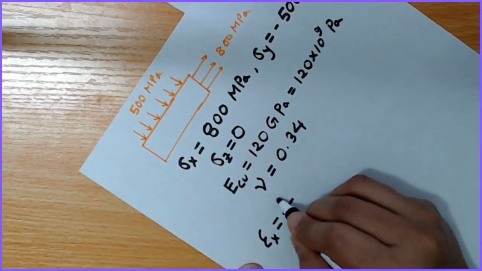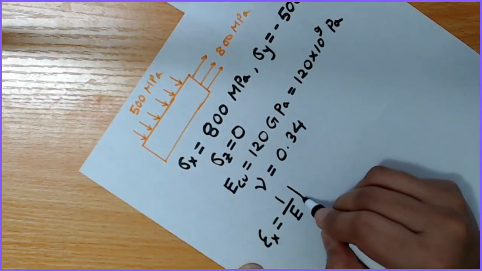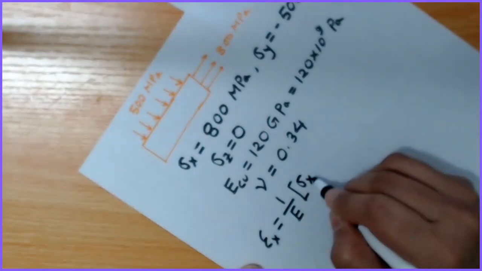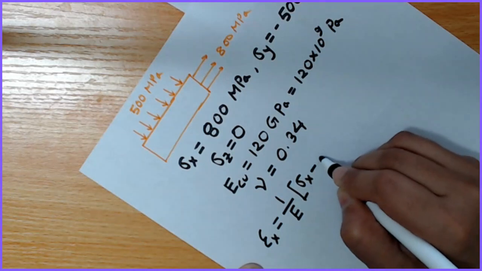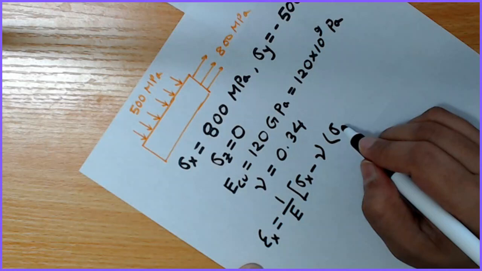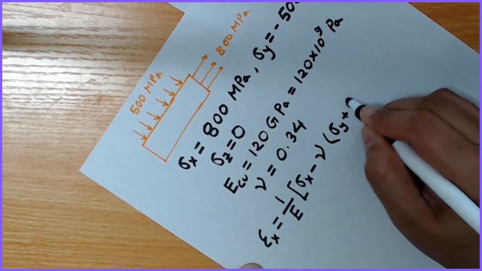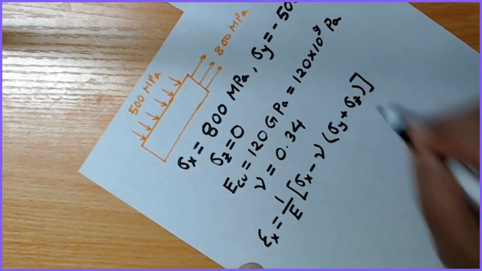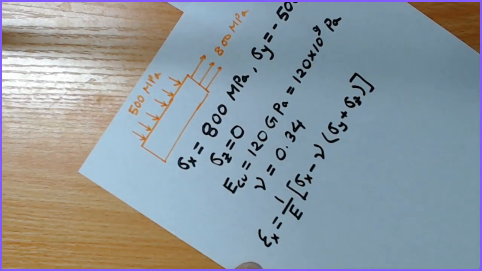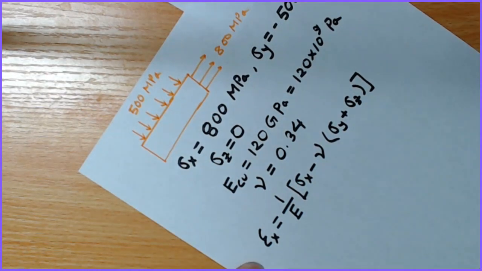So this is the generalized Hooke's law, 1 by E (sigma x minus nu (sigma y plus sigma z)). This is what we learned from today's lecture.